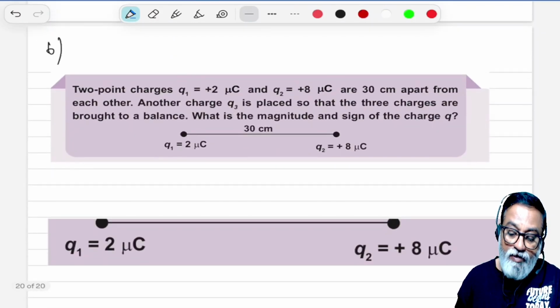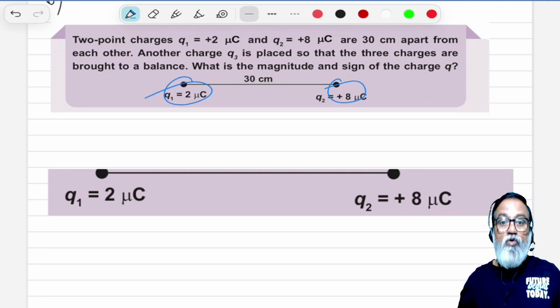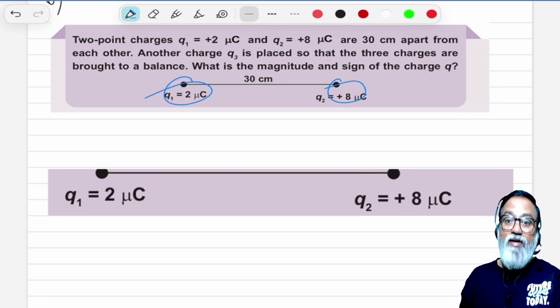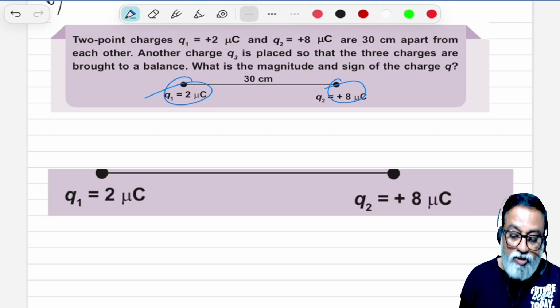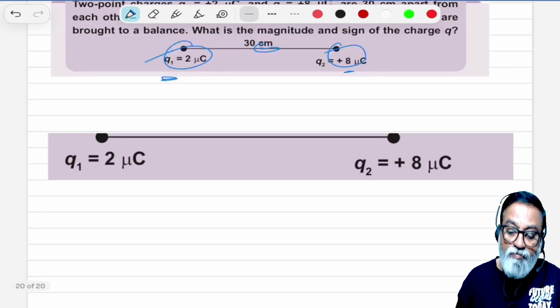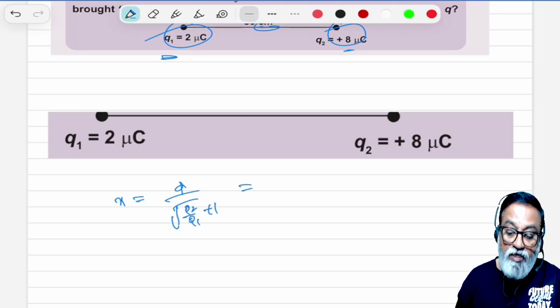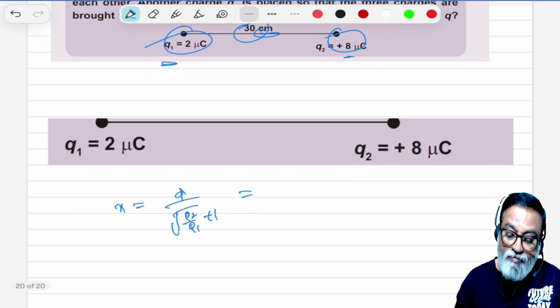See, take another example. Here are two charges, plus 8 microcoulomb and 2 microcoulomb. These charges are not equal. Then the third charge should be placed in between the charges, but where do you have to place it? Because these are like positive charges, the third charge should be in between. Its position can be decided by x = d / (√(q2/q1) + 1). Here the total distance is 30 centimeter.